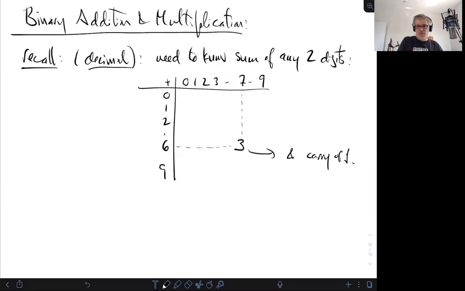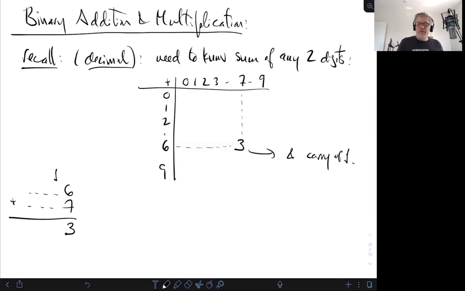So that's when we're adding. So if you've got a number and you've got a 6 and you've got a 7, you add them up, you say 6 plus 7. You need to know that. So the algorithm has a table that it reads. It says, okay, 6 and 7, that's 13, so that's 3 and a carry of 1. Okay, and then we just keep on going.